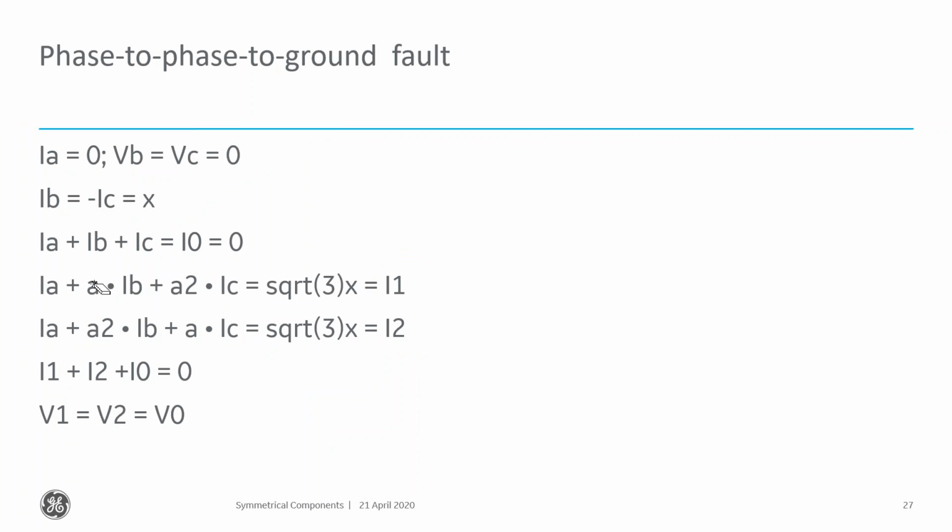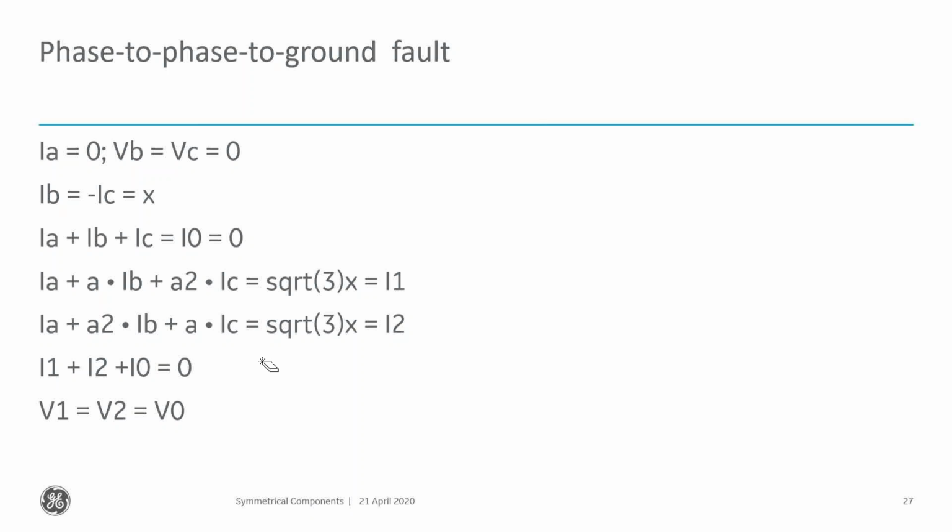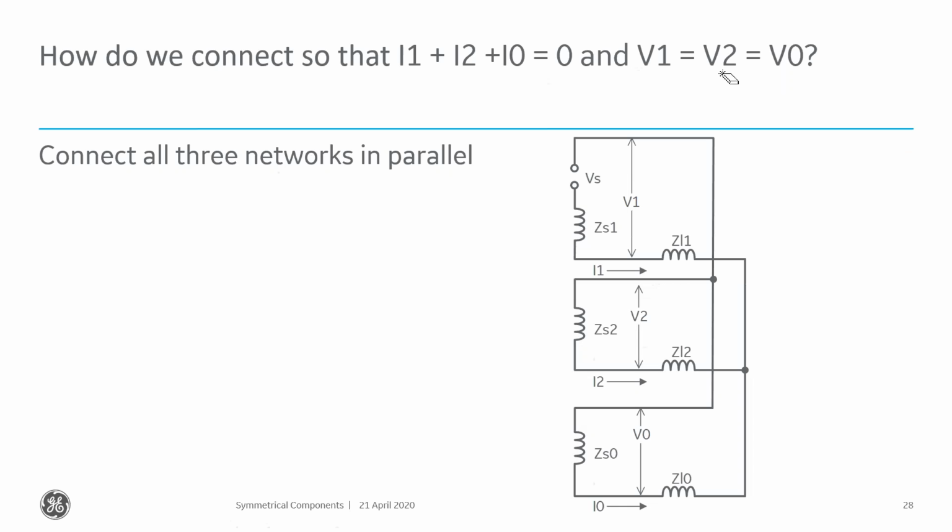Okay. So negative and negative sequence current and voltage are shown here, right? I0 is 0. So if we show these networks, the only way we can get positive sequence voltage to be equal to negative sequence voltage equal to zero sequence voltage is to connect the three networks in parallel.